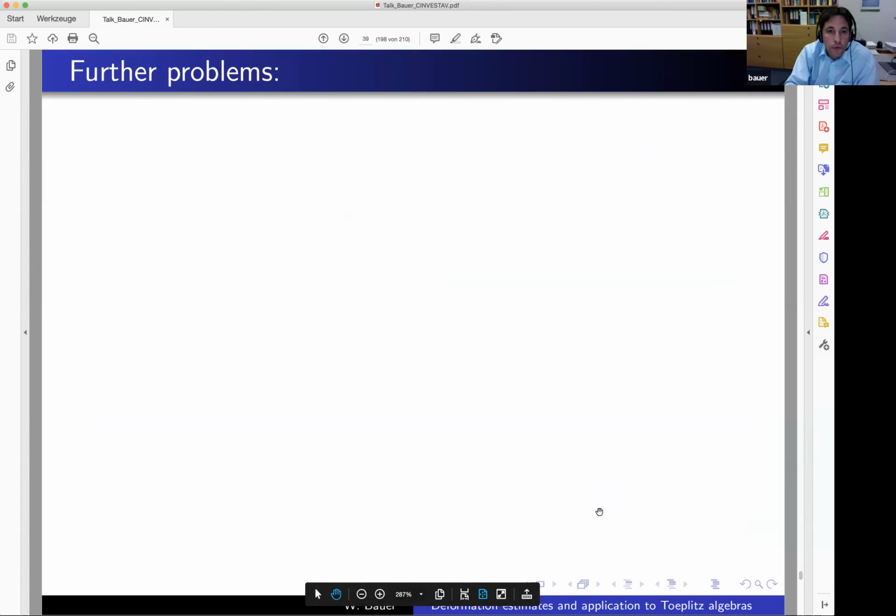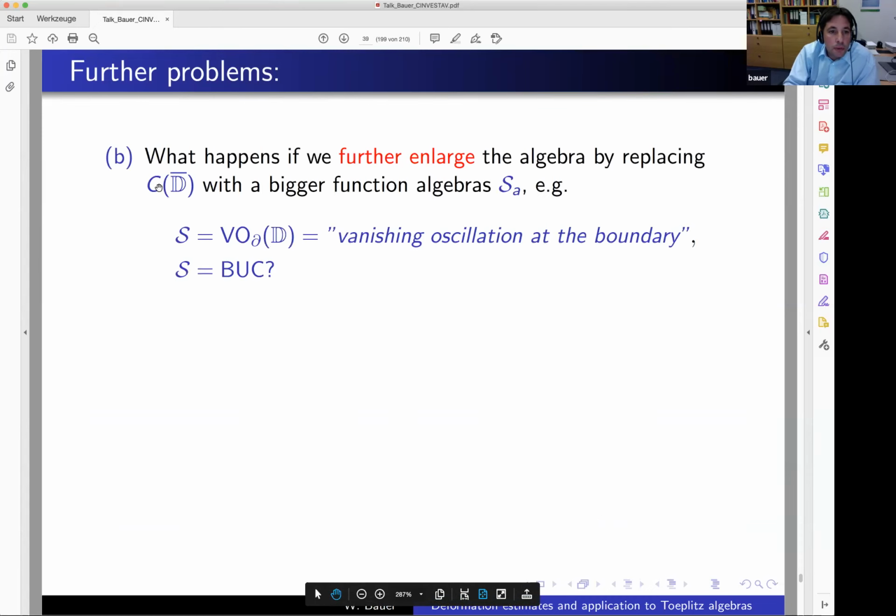We can go even further and try to replace this space C(D-bar) by a bigger function algebra. But in the proofs, what we always need is that we have some kind of quantization result. So we may, for example, replace this C-star algebra by the function algebra of functions with vanishing oscillation at the boundary.